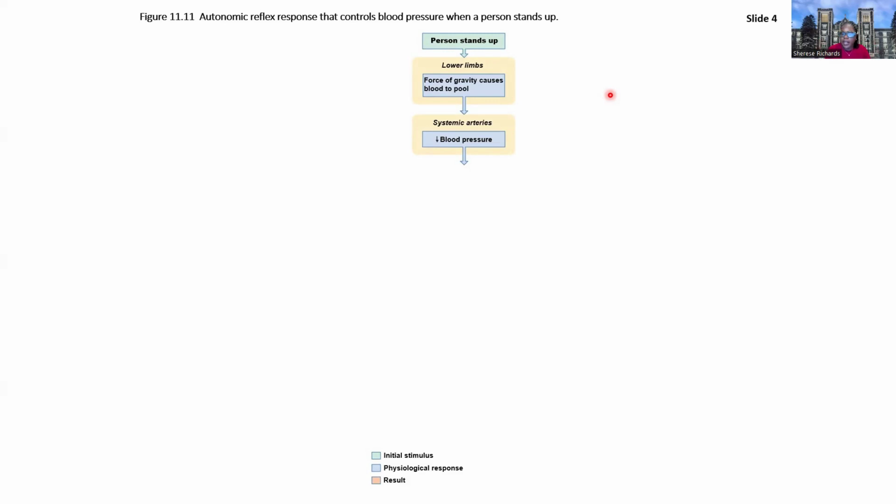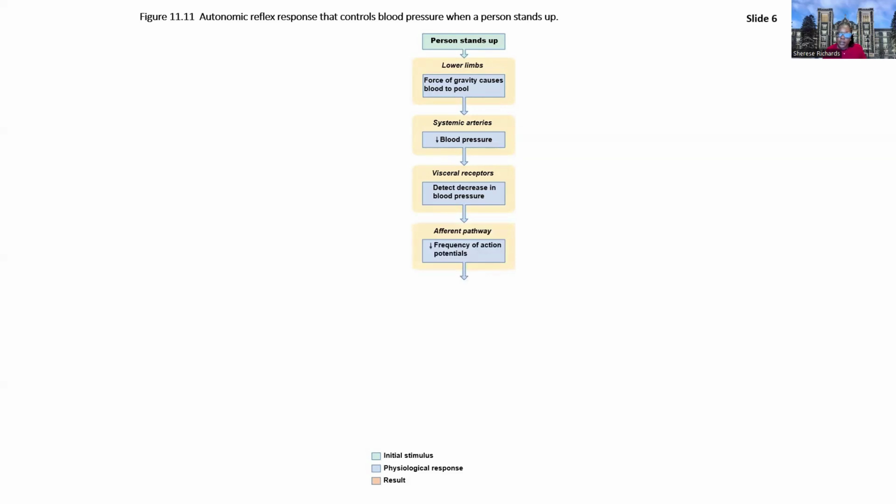So your legs are going to have increased flow, but areas like your trunk, your arms, your head and neck, they're going to receive the signal as if there's a drop in blood pressure or a drop in perfusion to those other areas. The visceral receptors in those areas will detect that change in blood pressure, and they're going to trigger a response by sending signals to the central nervous system.